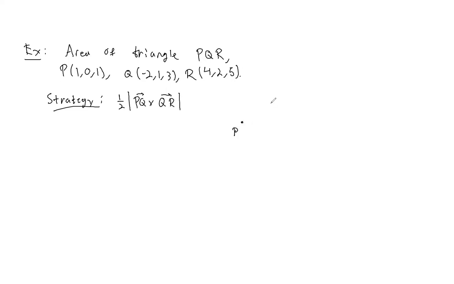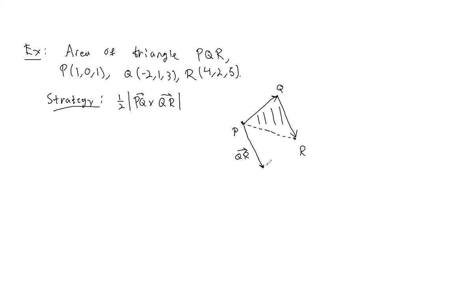So if you've got your point P, your point Q, and your point R, you've got PQ, and you've got QR, like so. Well, the area that we're interested in is this, right? So PQ cross QR. QR is, again, just down here. That's QR, right there.